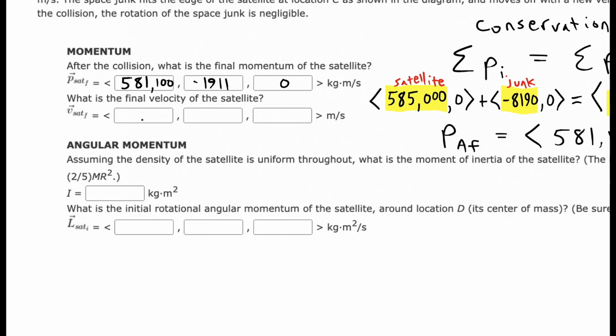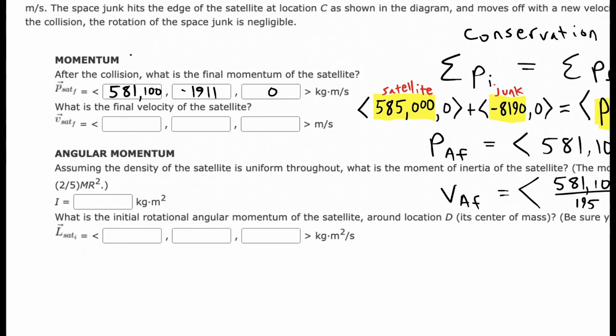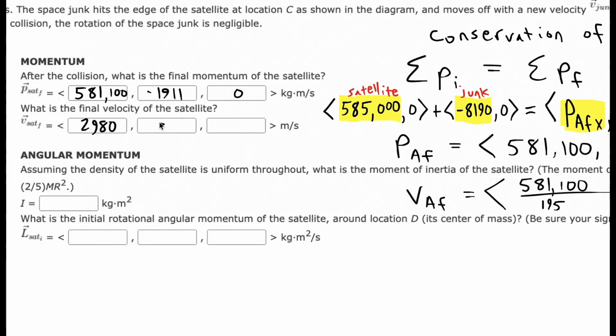Then we could easily find the velocity just by dividing. So my final velocity will be 581,100 divided by 195, I guess it was, for the mass of the satellite. That gives 2980, 9.8, and 0.